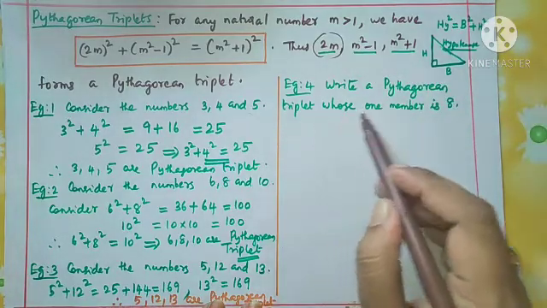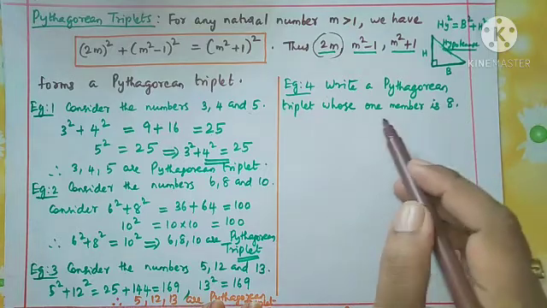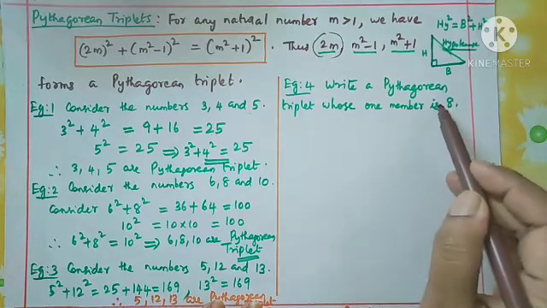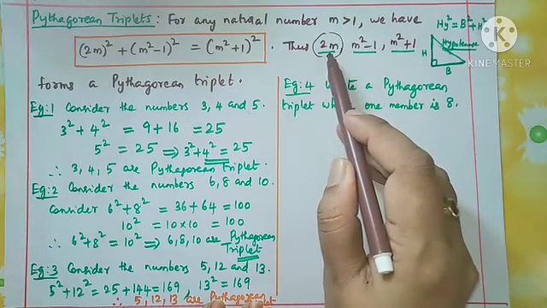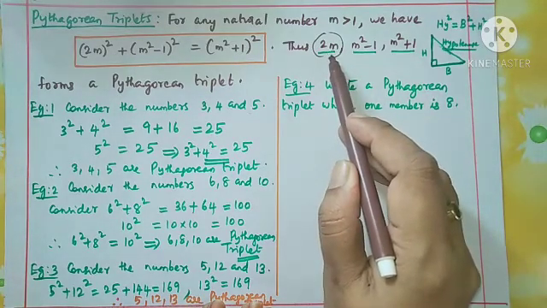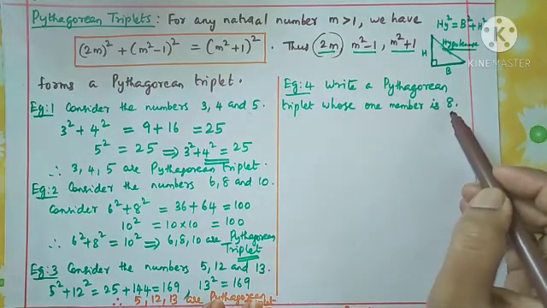So in all these types of problems, take the number given in the question as one of the members, 2m.